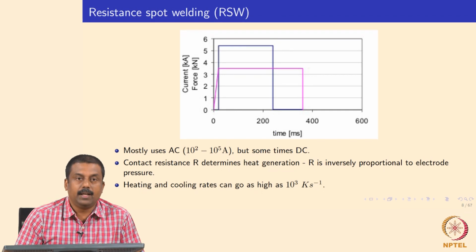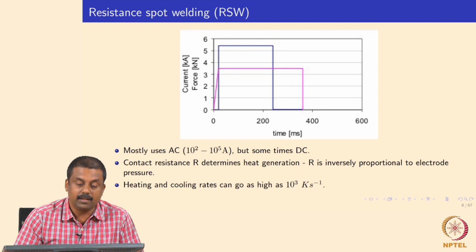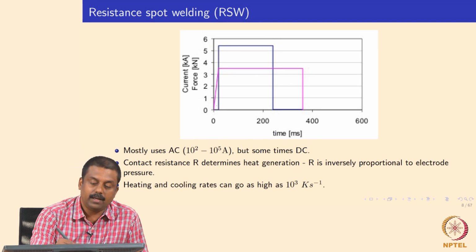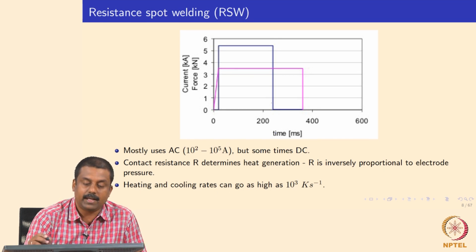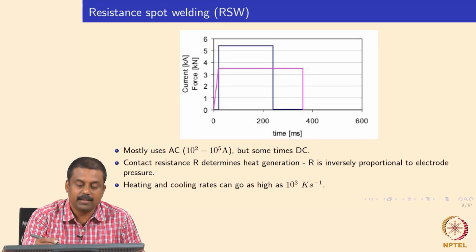So the typical load versus current thermal cycle we apply in resistance spot welding is given in this graph. The blue color shows your current, and the purple color shows your load axis.